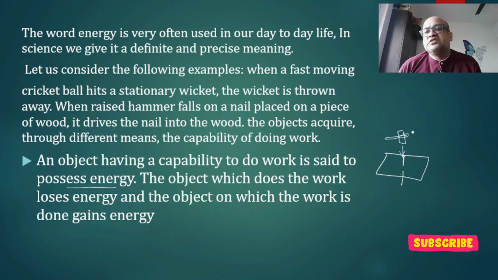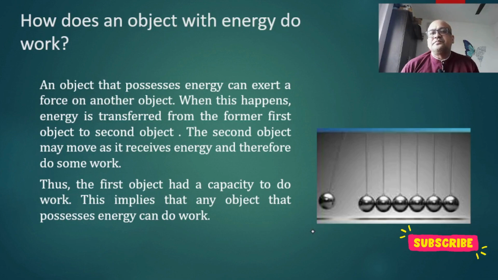The object which does the work loses energy, and the object on which the work is done will gain the energy. So a very simple definition we can have: an object having a capability to do work is said to possess energy. The object which does the work loses the energy, and the object on which the work is done gains the energy.